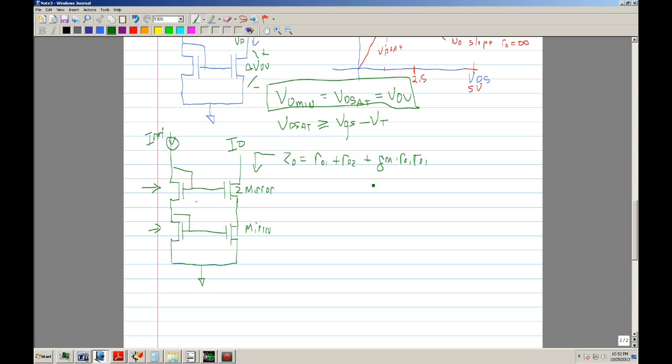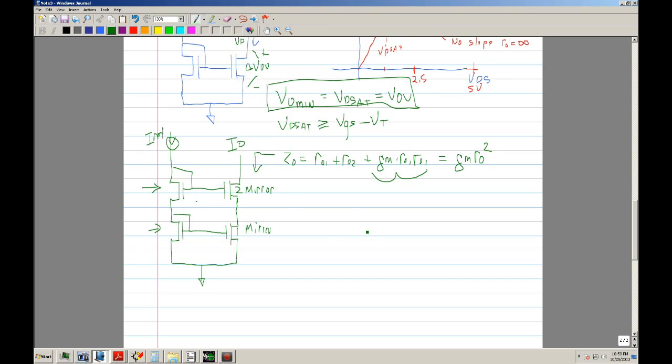Typically the resistance of each gets multiplied. It's squared, so basically you can simplify and say that it's RO squared.